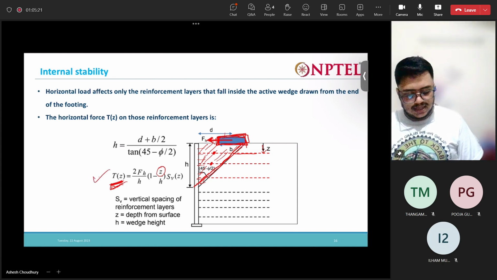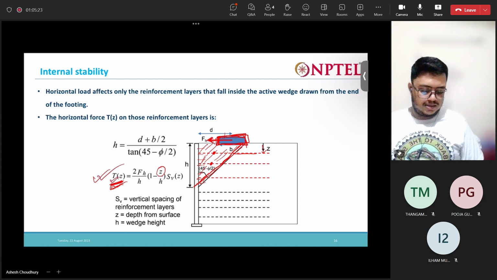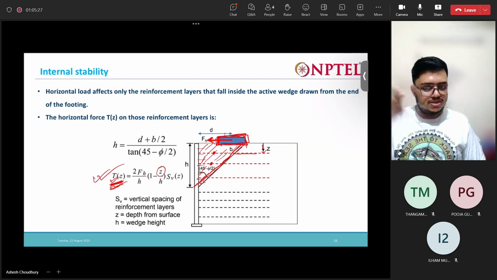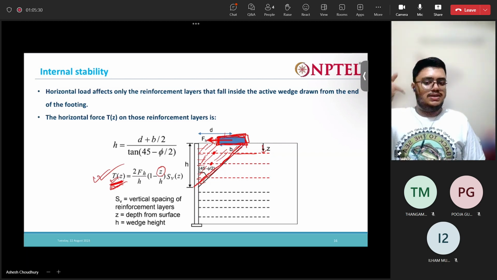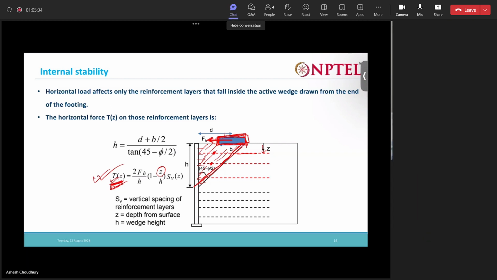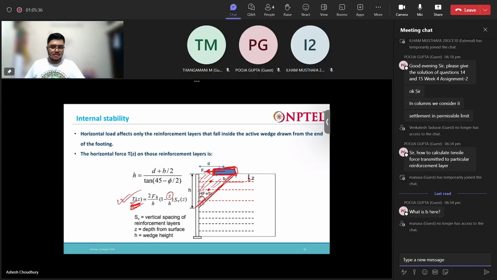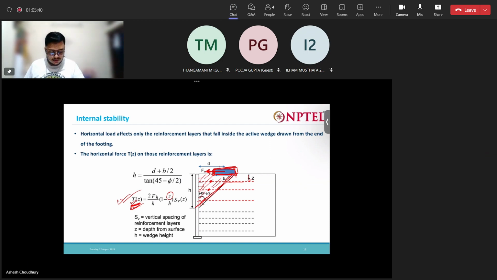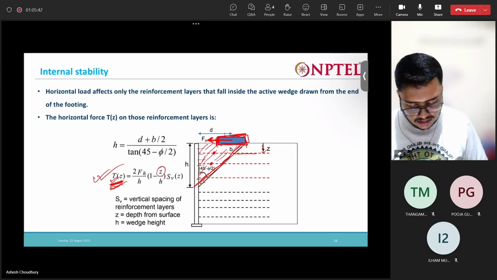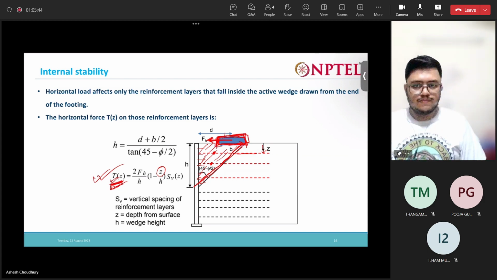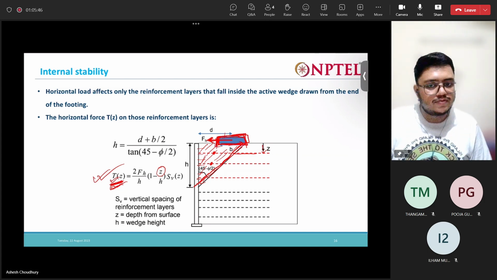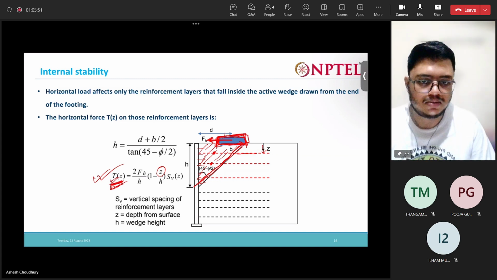At depth z, this is the tensile force that is distributed from Fh, the part of Fh that is transferred to the reinforcement layer at depth z. b is the width of this footing. D is the distance of the center of the footing from the wall. B is the width of the footing.